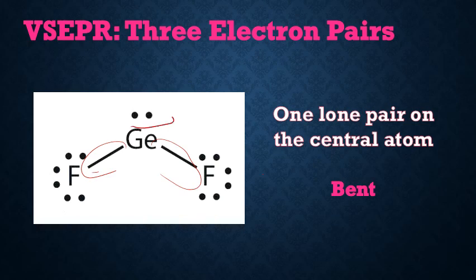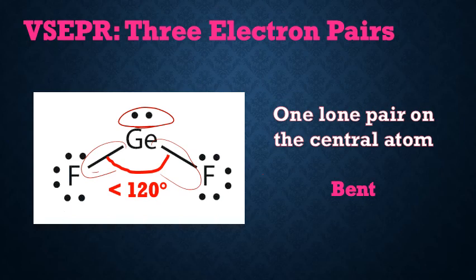But look, there's a lone pair right here. So on this particular molecule, the VSEPR arrangement is bent. It is not trigonal planar, it is bent. And the bond angle is a little less than 120 degrees.